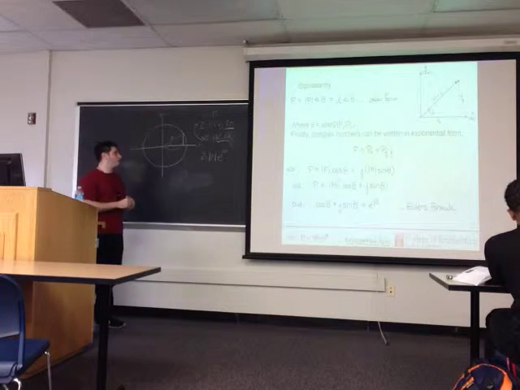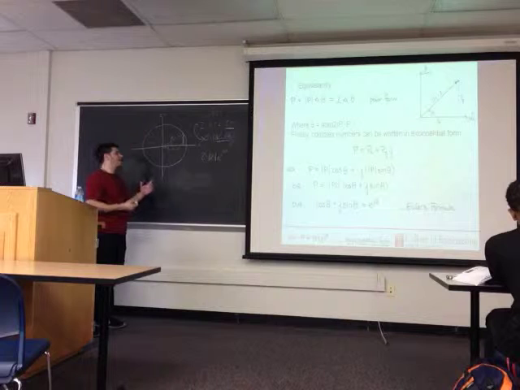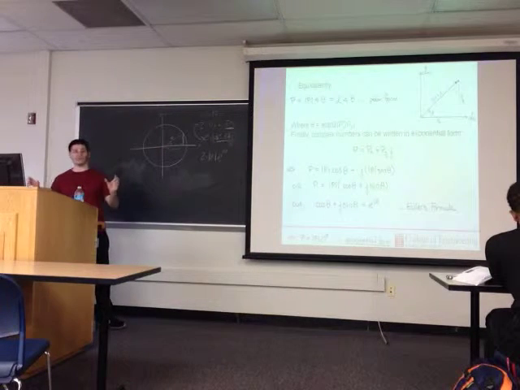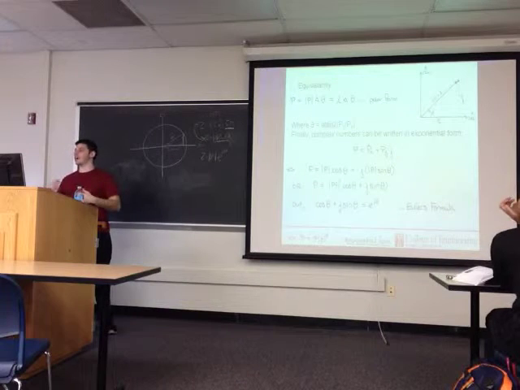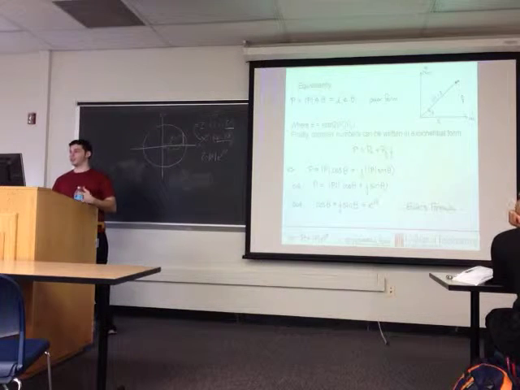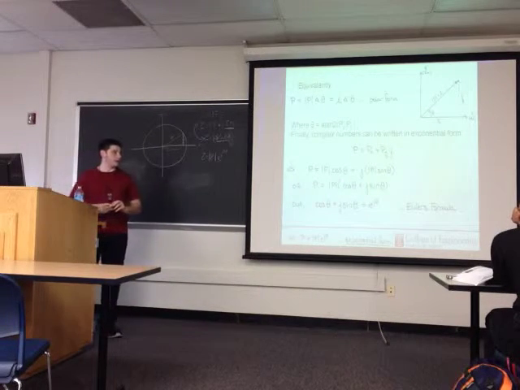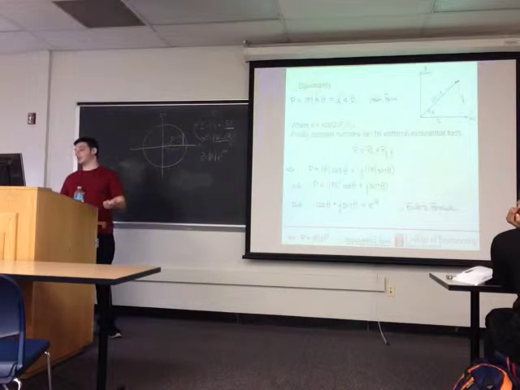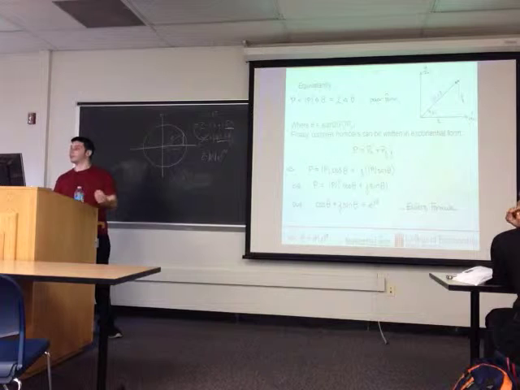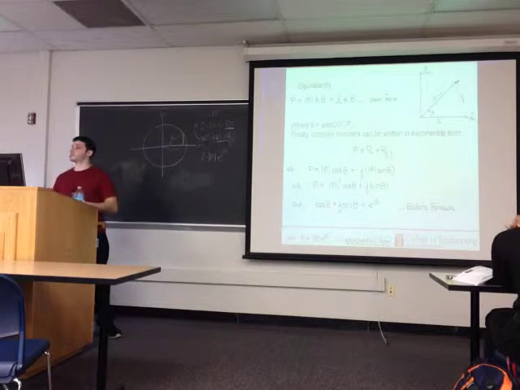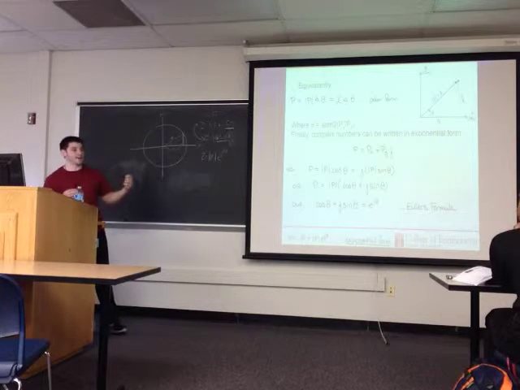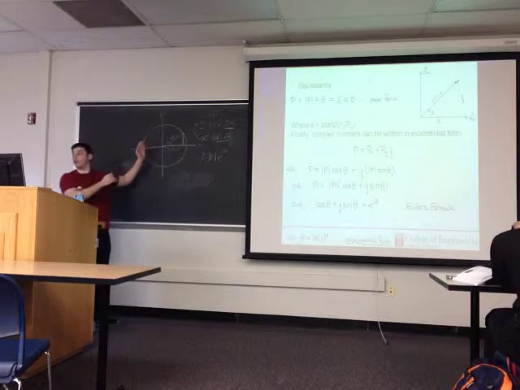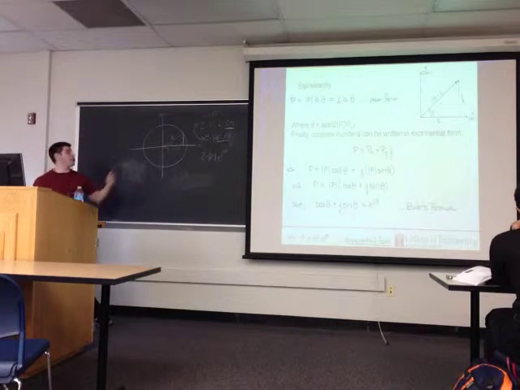You have to think about it as two separate quantities: your real portion and your imaginary portion. We calculate the real portion and the imaginary portion, and that makes up our complex number, or vector, along the complex plane.